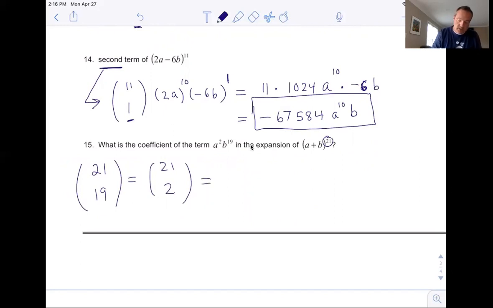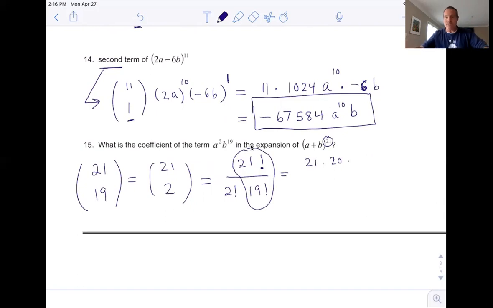Well, how can I do this? Let's write out what this is. 21 factorial over 2 factorial, and then the difference factorial. I think you see why it doesn't matter. Either way, you're going to get a 2 and a 19 on the bottom when you subtract 21 minus 2 or 21 minus 19. And then again, these guys cancel out. I get 21 times 20, and then I get 19, 18, 17, 16, but that cancels out with the 19 factorial on the bottom.